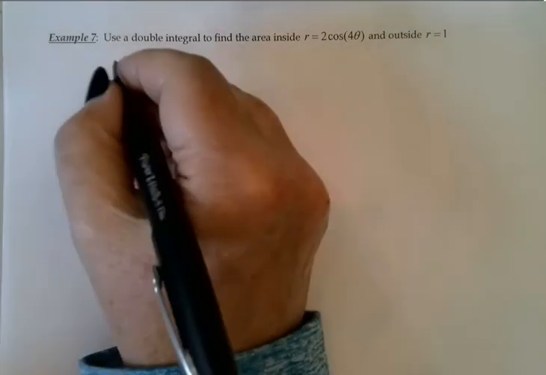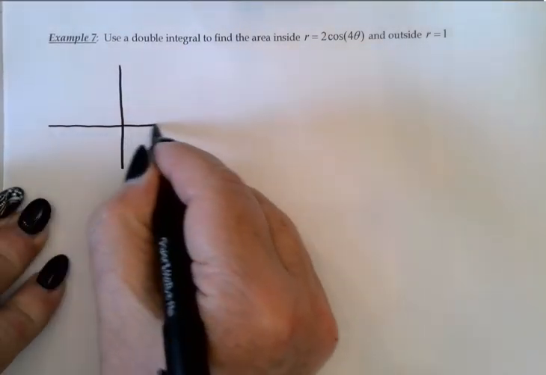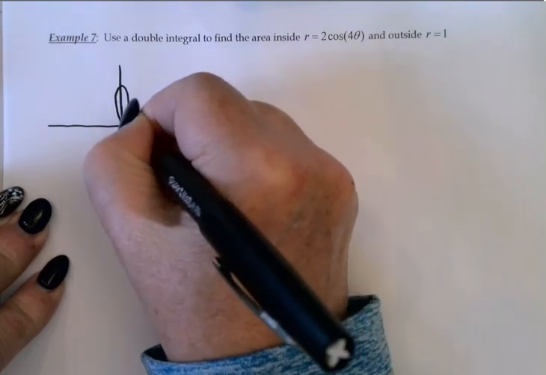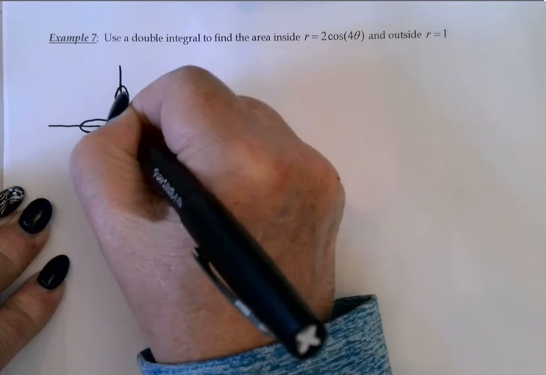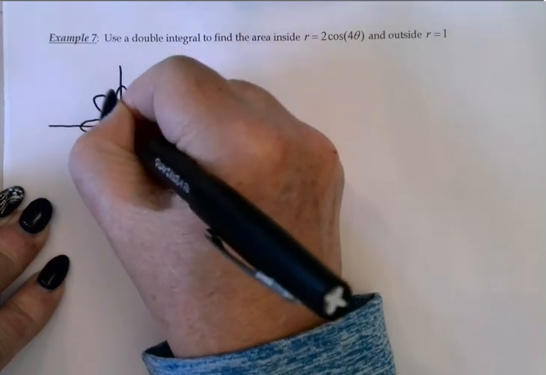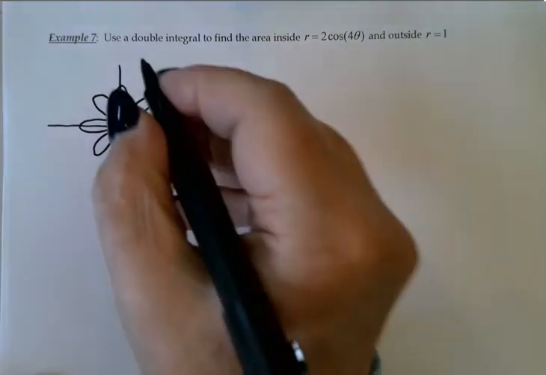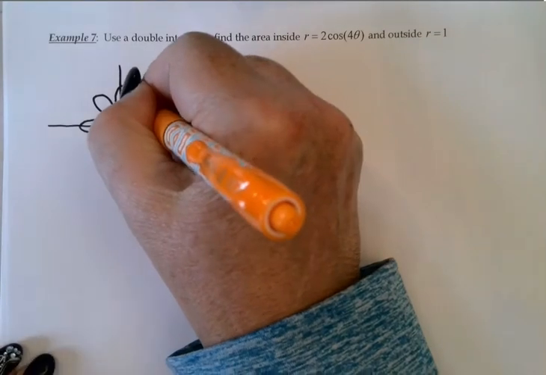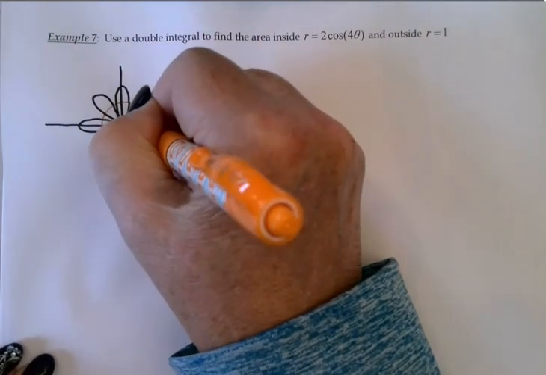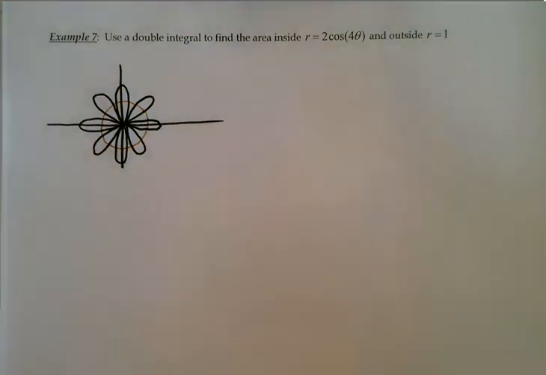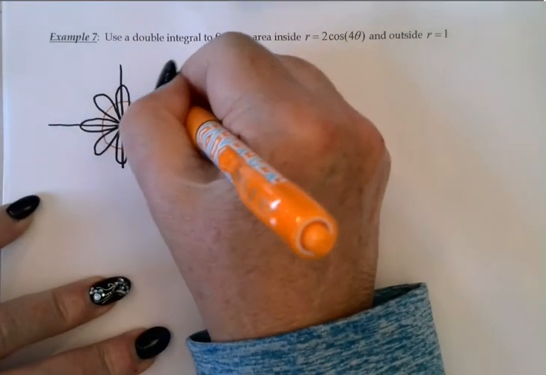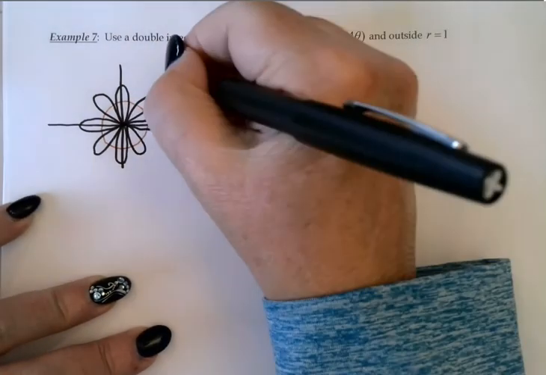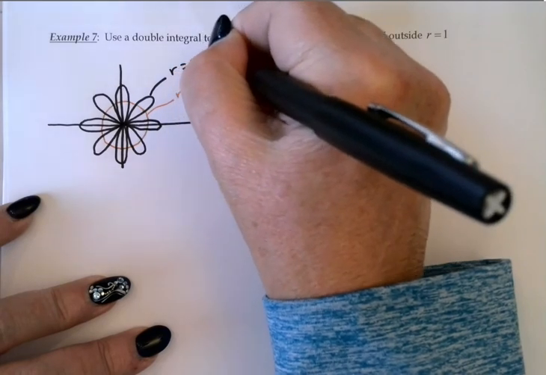So I'm just going to make a quick sketch of that. And there we go. So the circle is r equals 1, and this rose curve is r equals 2 cos 4 theta.